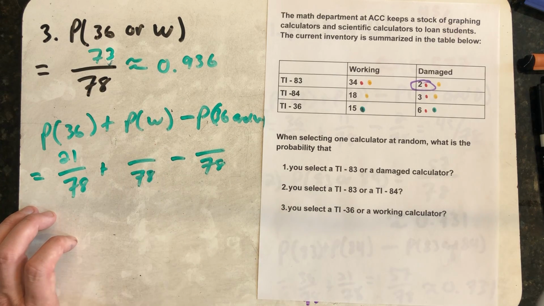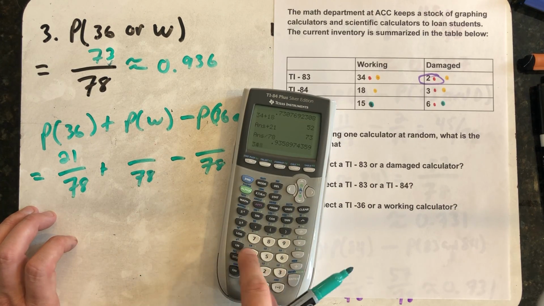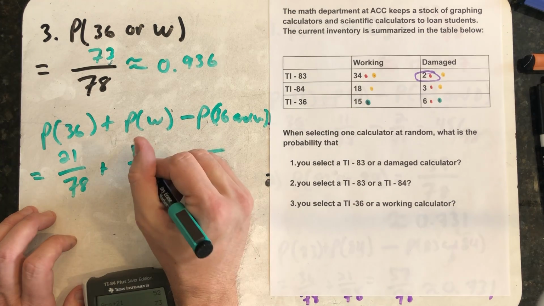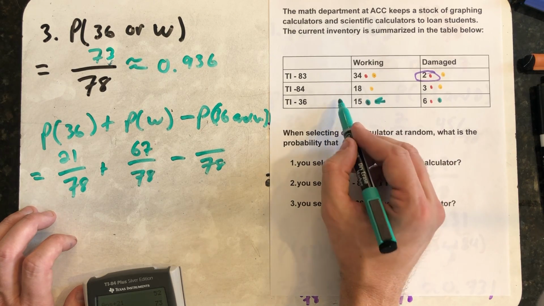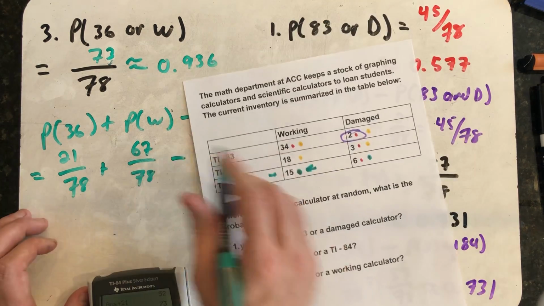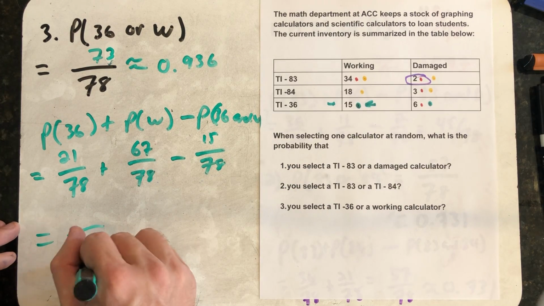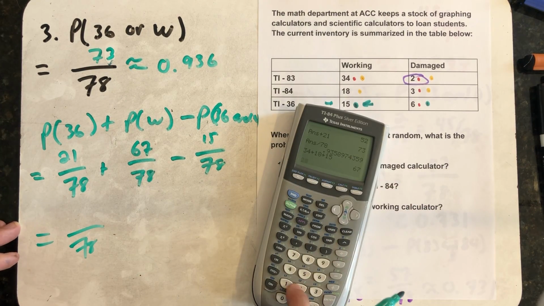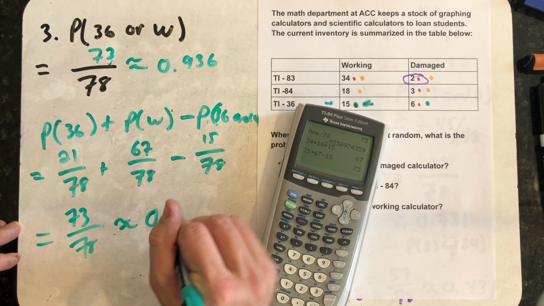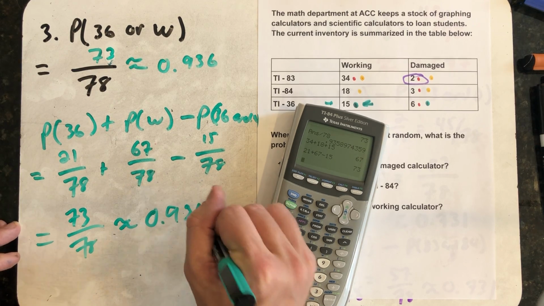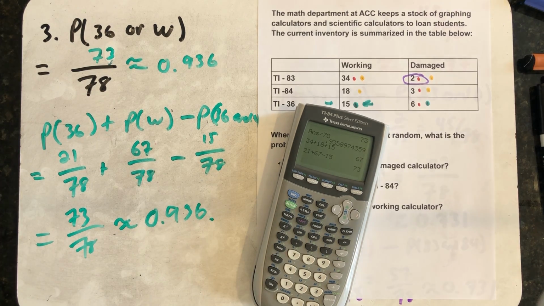The number of working calculators, 34 plus 18 plus 15, 67 total calculators. And then I need to know the number that are both working and a TI-36, and that's these 15. All right, so out of 78, that would be 21 plus 67 minus 15 on top, and I get a nice happy 73. That probability is 0.936. In the next video, we will talk about 2 more problems using the formal addition rule.